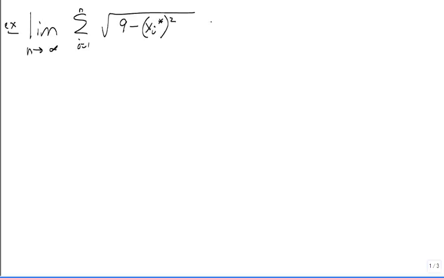Let's look at transforming some of these things. So if they give you, this is an example, this problem, then that would really equal the integral from 0 to 3, because that's our interval.